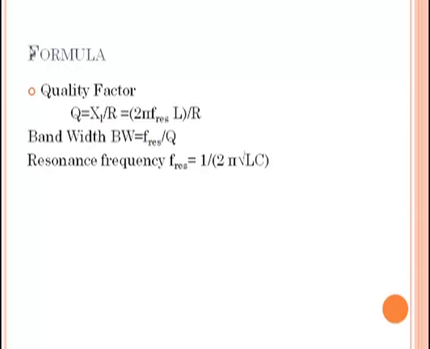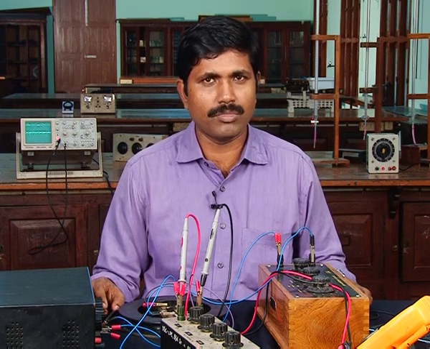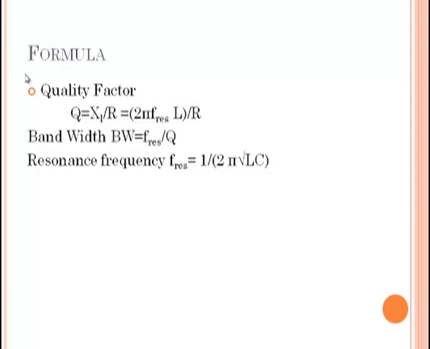Here lower cutoff frequency says the value of the gain remains constant, or voltage across the inductor coil or resistance is constant. At what frequency the voltage becomes constant, then at what frequency the voltage starts decreasing. If you find the difference between these two frequencies, we can calculate the bandwidth of the circuit.